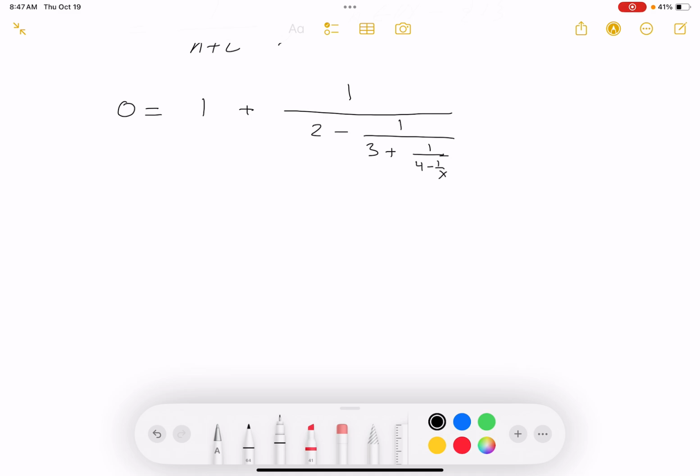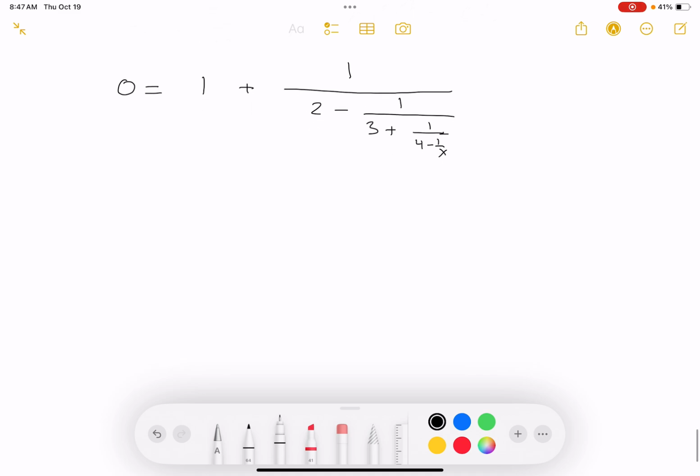That's very painful. I'm going to subtract 1 from both sides. And what do you get? You get minus 1 equals 1 over 2 minus 1 over 3 plus 1 over 4 minus 1 over x.